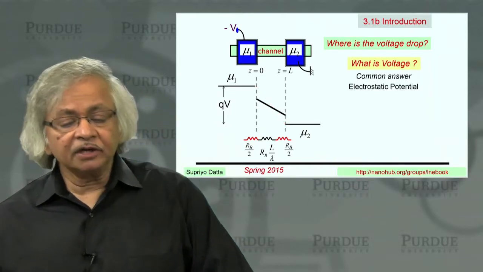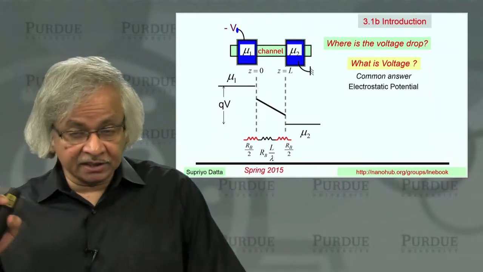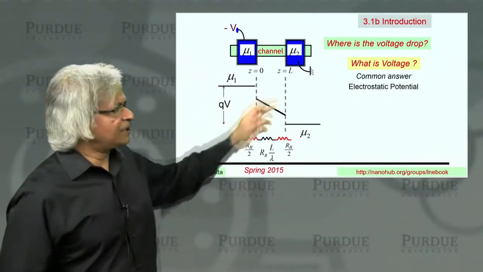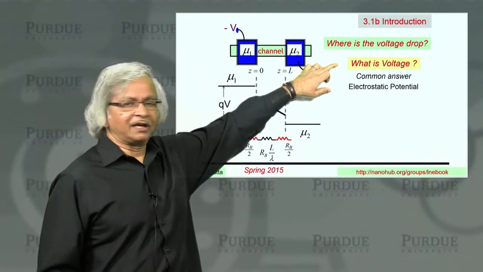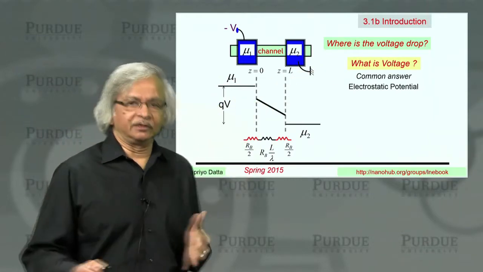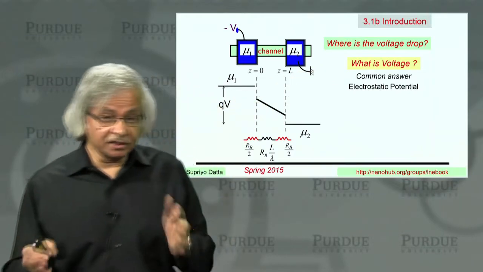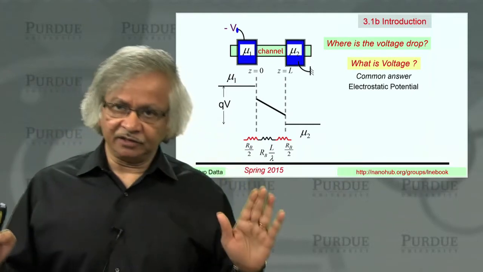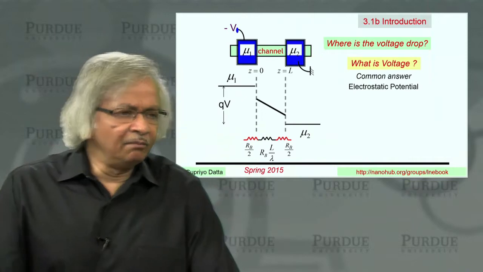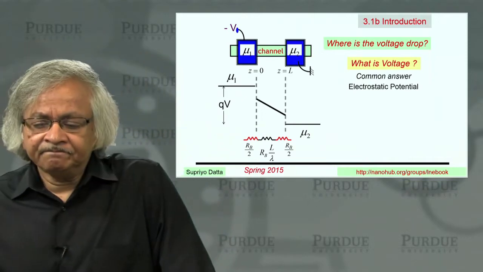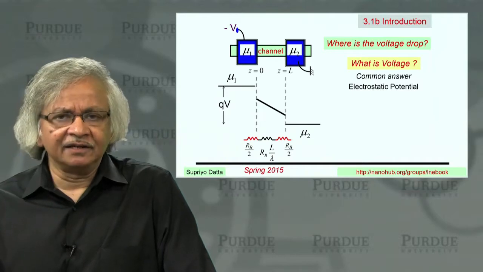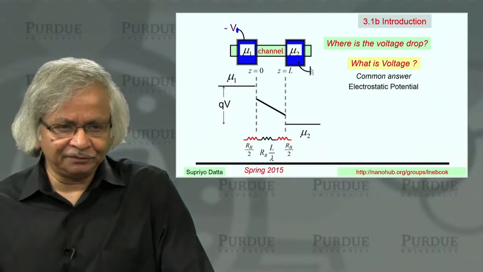Now, one of the important questions that comes up that causes a lot of confusion, of course, is just this: what is the meaning of voltage? Because what I drew here is what's called the electrochemical potential. And in our discussion, that's what we have always been using. On the other hand, most people, if you ask them what is voltage, usually the answer you'll often get is the electrostatic potential.